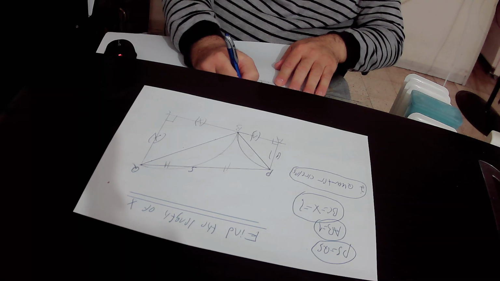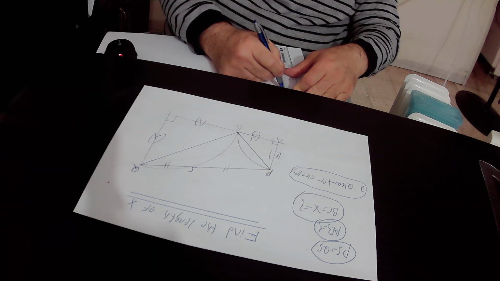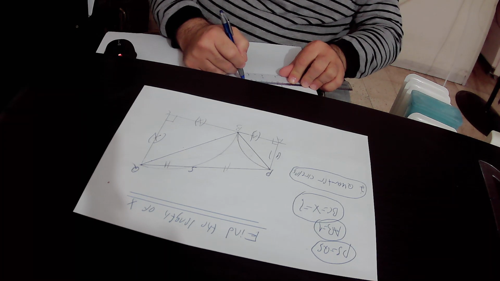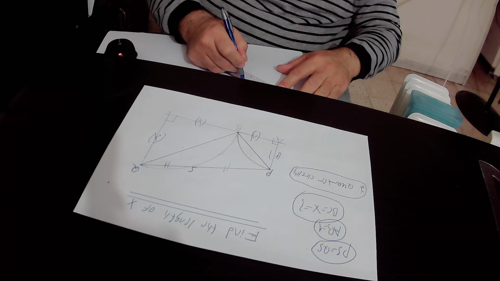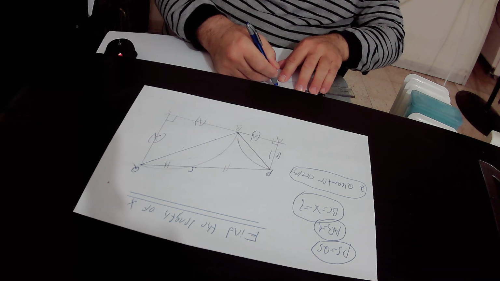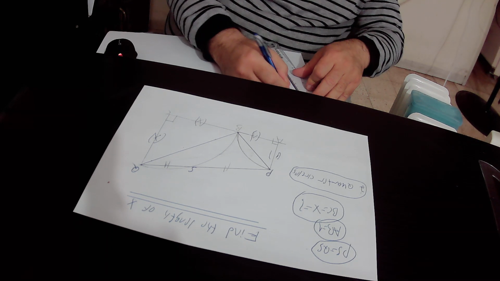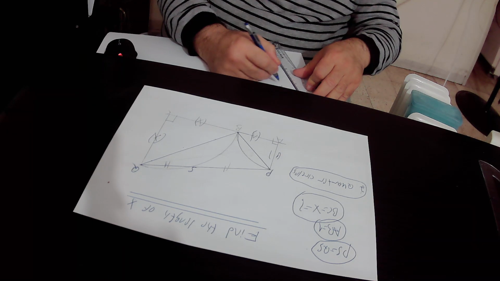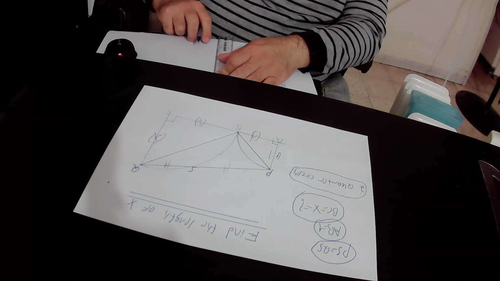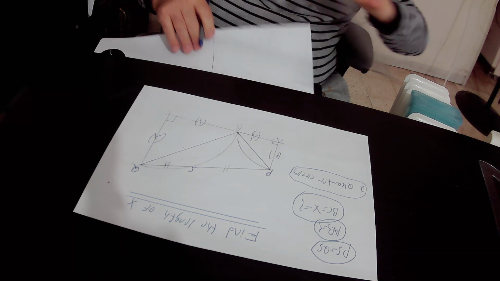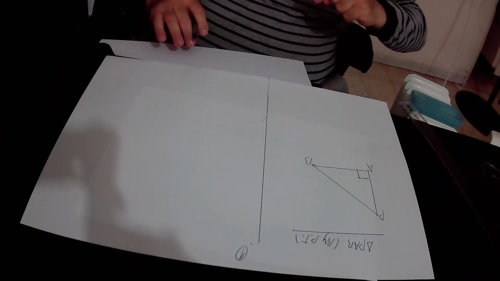Here PT is the abbreviation for Pythagoras theorem. So actually, this is the right triangle PAB that I copied from the original drawing.